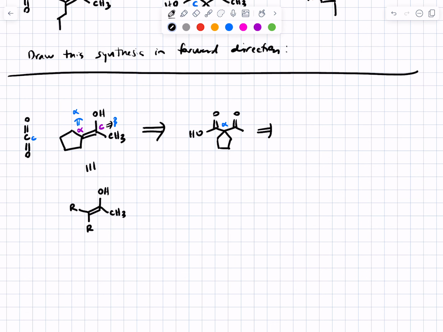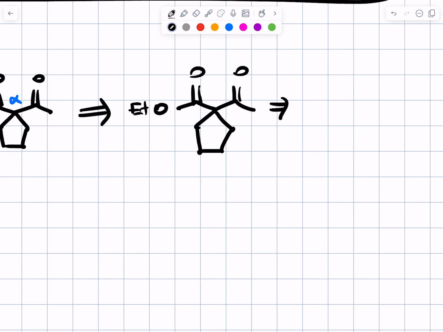We're thinking backwards to the beta keto ester that's apparently dialkylated, and we're thinking backwards even further to the acetoacetic ester starting material and whatever else that should have been. Again, we can use our squiggly lines to disconnect the blue alpha carbon conceptually from what we must have added.